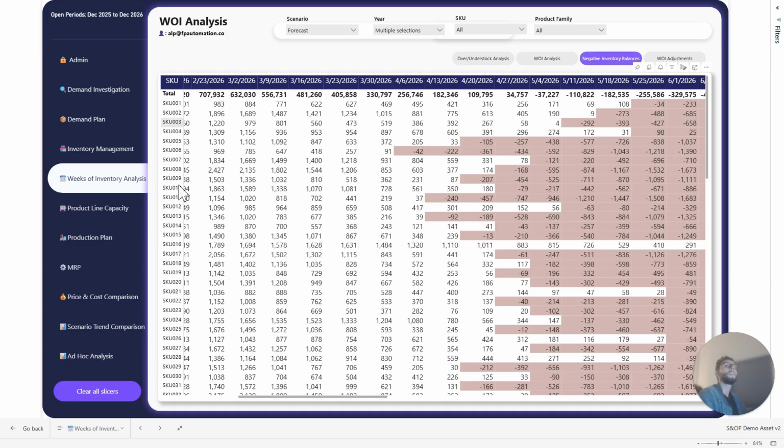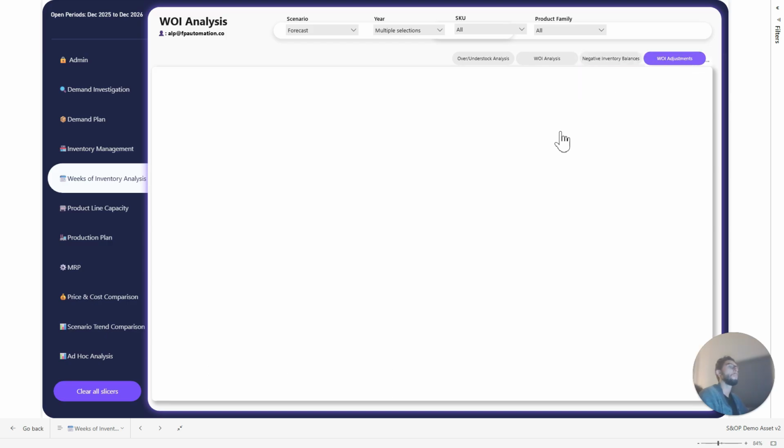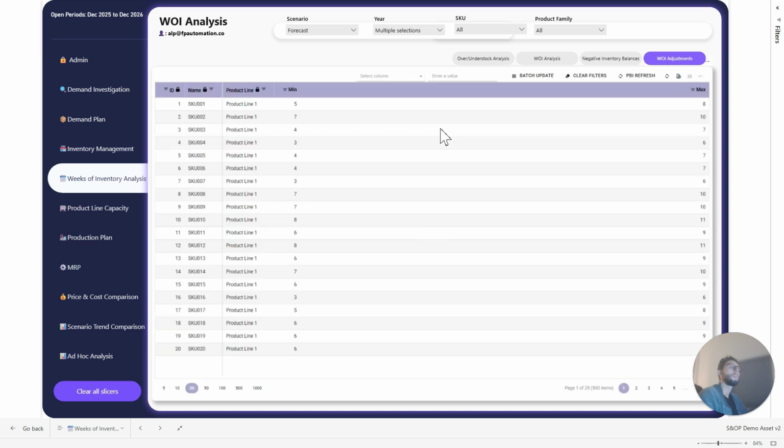So here you can see all your various SKUs and exactly where negative inventory balances start to happen within the organization itself. And on top of that, you can also make threshold adjustments. If you know that your weeks of inventory for a particular SKU is different from other SKUs, you can easily make adjustments to those SKUs right from within the Acterys solution right here.